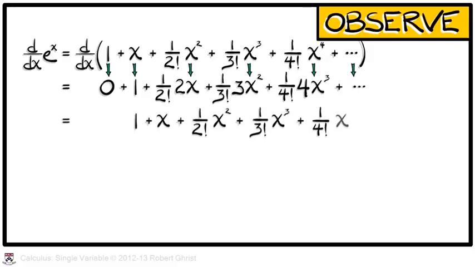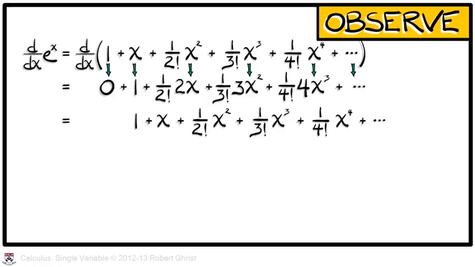Now, a little bit of simplification tells us that the 2x divided by 2 factorial gives us simply x. The 3x squared divided by 3 factorial gives us simply x squared over 2 factorial. This pattern continues since k divided by k factorial is 1 over quantity k minus 1 factorial.